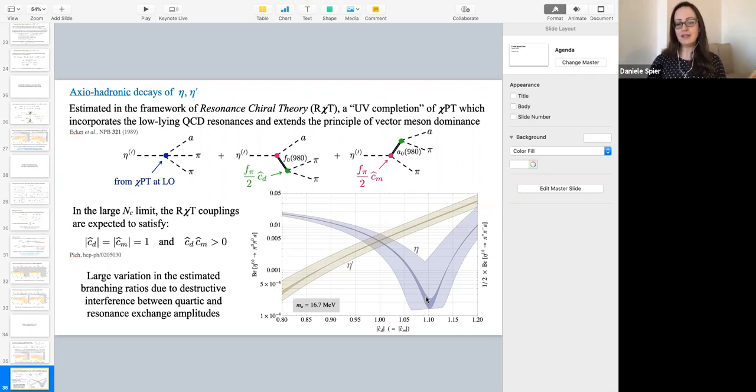So my point here is, sure, Maxime is probably right that this is one channel that likely excludes this axion. But that's probably true, yet you cannot argue that you know exactly what this branching ratio is, because there is a strong dependence of these branching ratios on these couplings.